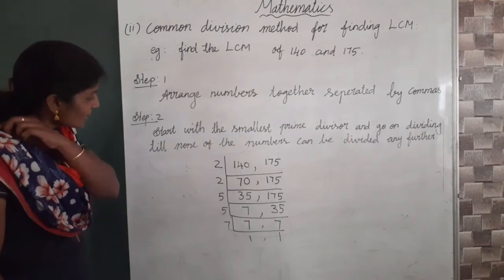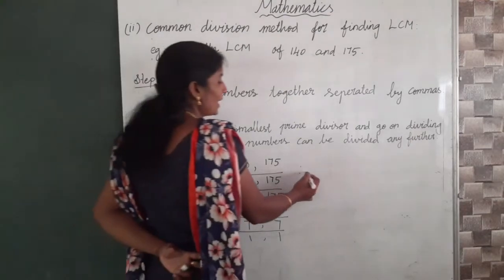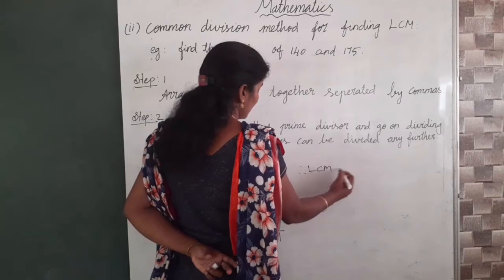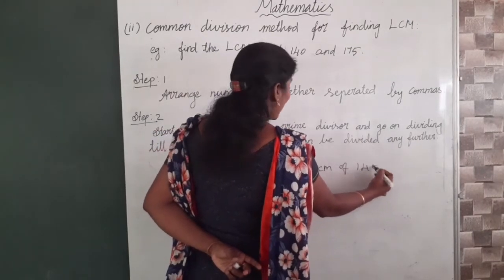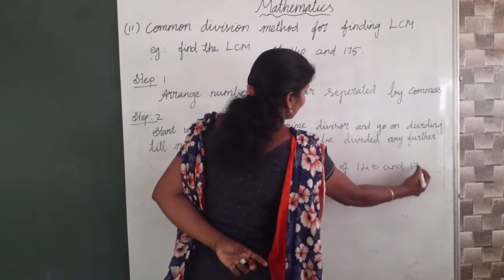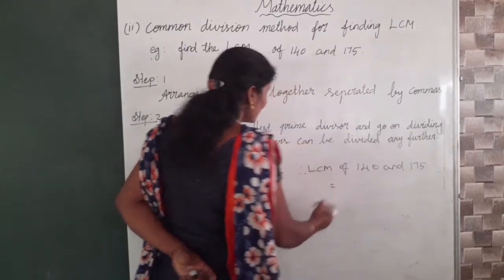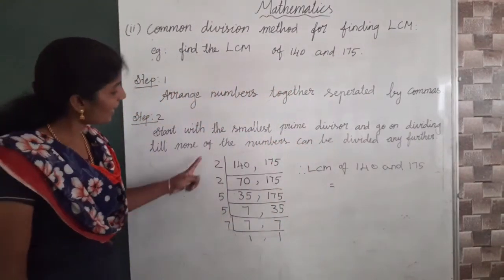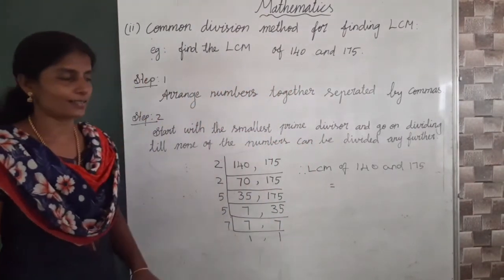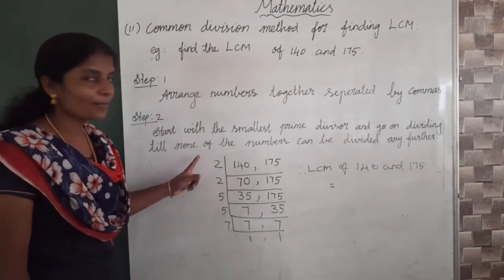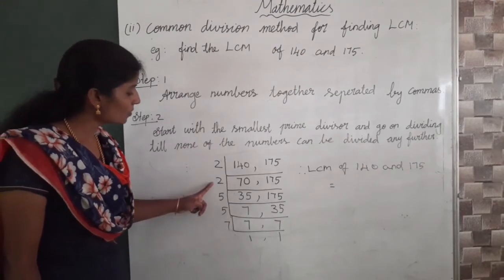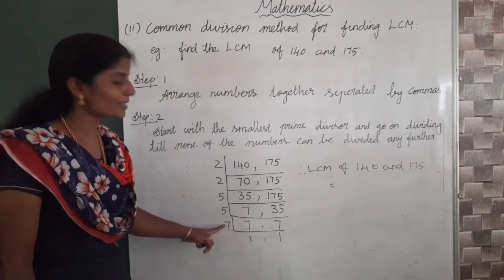Now what is LCM? Therefore LCM of 140 and 175 equal to, now we can multiply all the prime factors. Okay, what are the prime factors? 2 into 2 into 5 into 5 into 7.